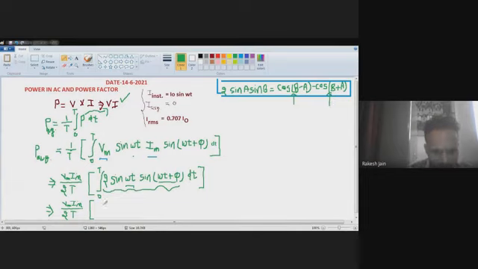So the integration is from 0 to T. The first term is cos of B minus A. Omega t plus phi is your B, minus omega t is your A. So omega t and omega t cancel out, and you will have only phi.